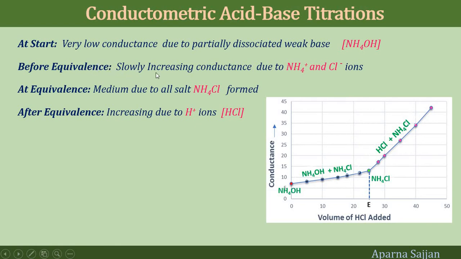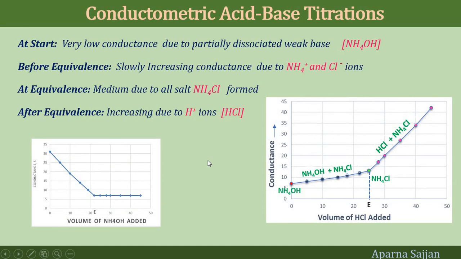Then before equivalence there is slight increase in the conductance value due to the formation of ammonium chloride salt. So this is the trend, slow increase. At equivalence point the conductance is medium or moderate, and this is all the conductance due to the salt, that is ammonium chloride. And after equivalence there is sharp increase due to the addition of hydrochloric acid.